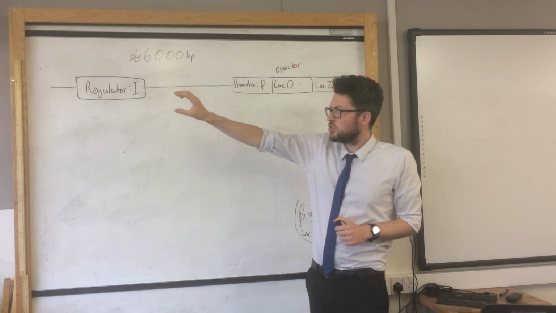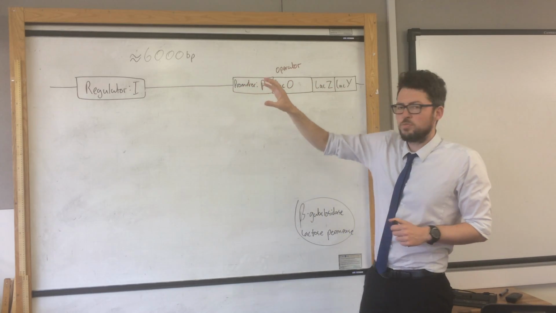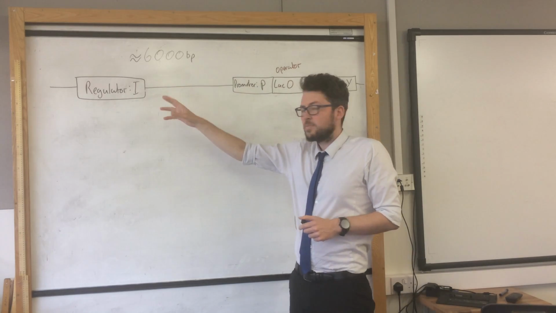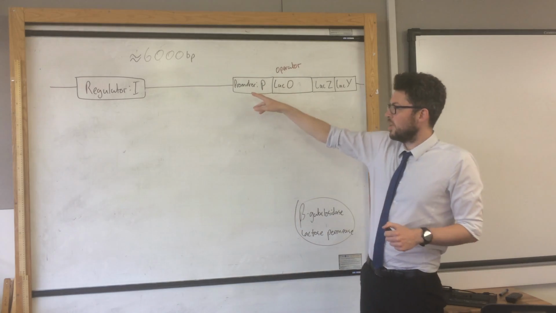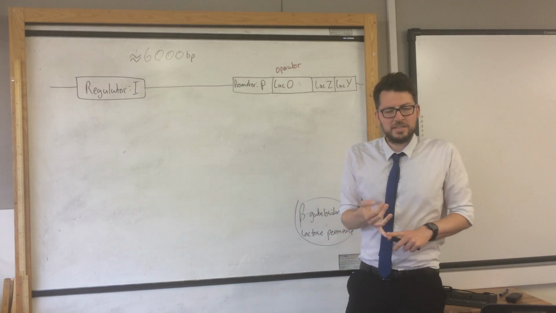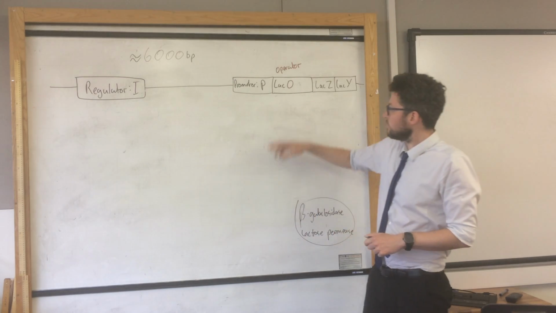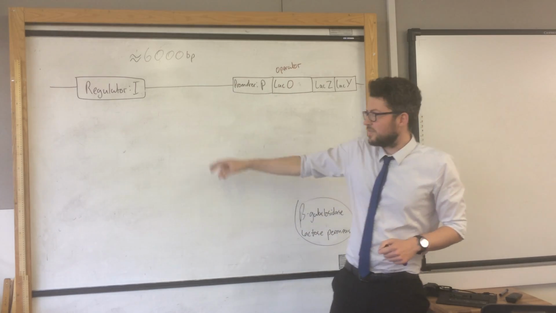This diagram shows us the section of DNA in the bacterial genome, and the respective genes are in boxes. So we have the regulator, I, which produces a protein which acts as a regulator. We have the promoter, P, which is like a binding site for a polymerase enzyme to synthesize mRNA. We have the lac operator, which acts as a binding site for the regulator.